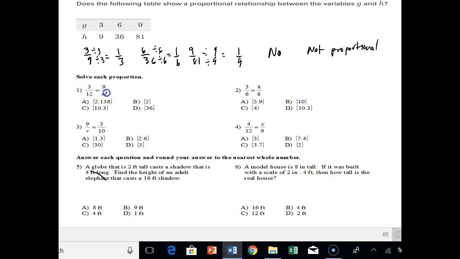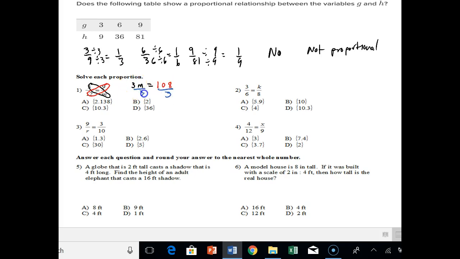You do 3 times m, which gives you 3m, equals, and then you do 12 times 9, which gives you 84, right? Oh, no, sorry, that's wrong. 108, my bad. 108. Now, the next part is you just divide both sides by 3 to figure out what m is.